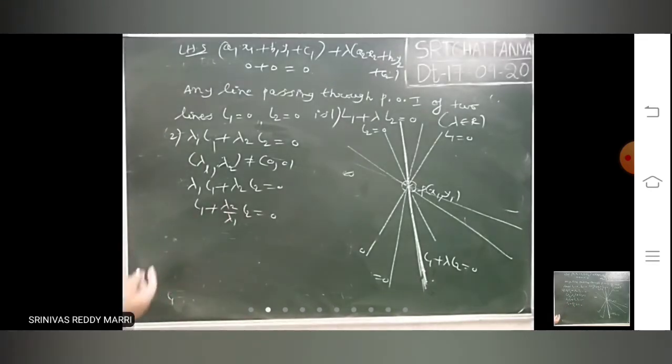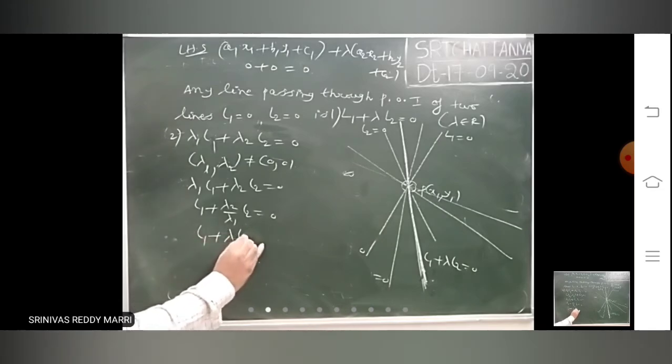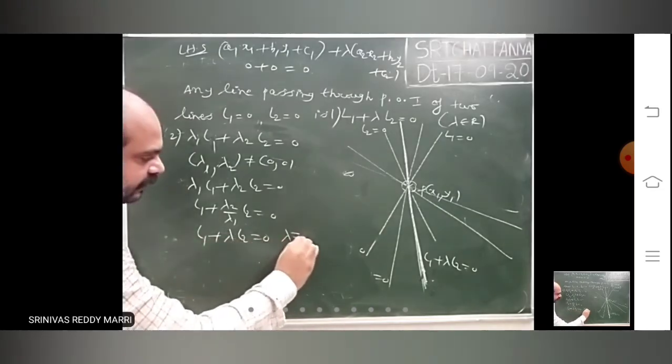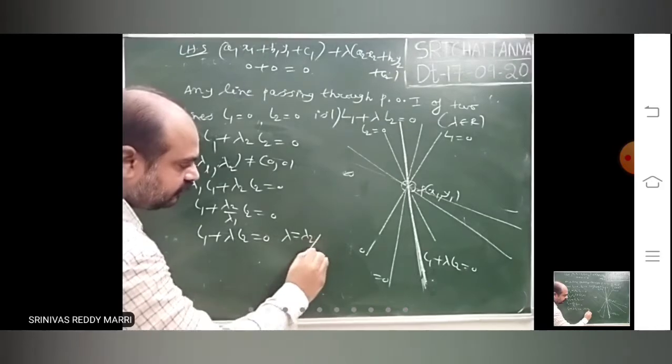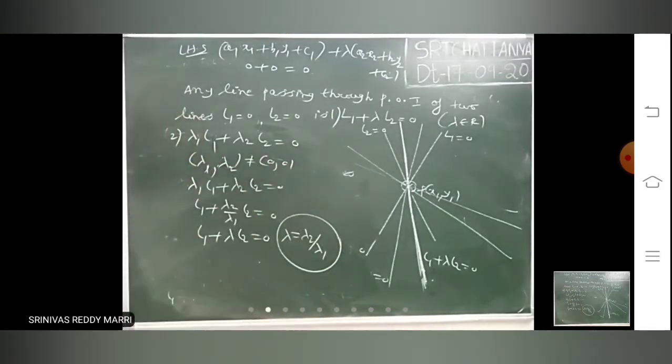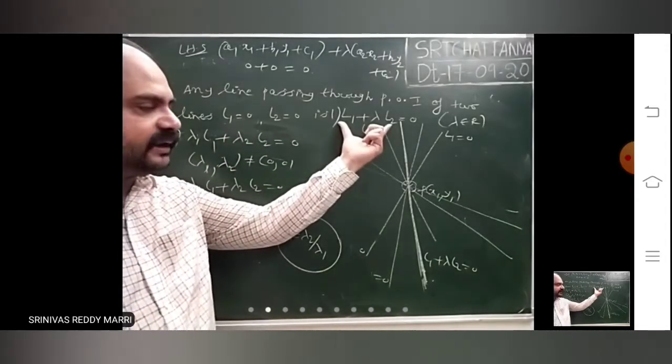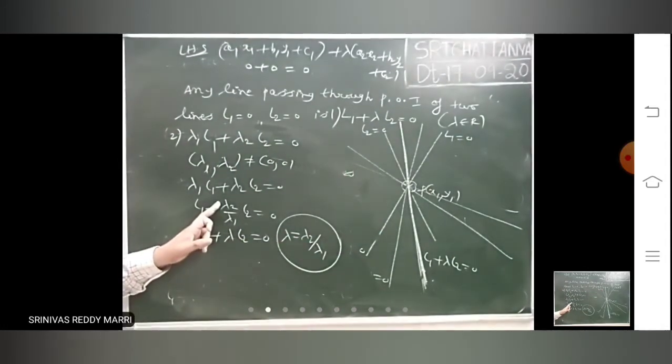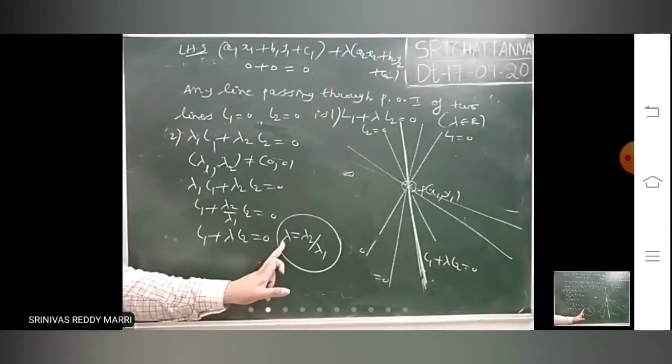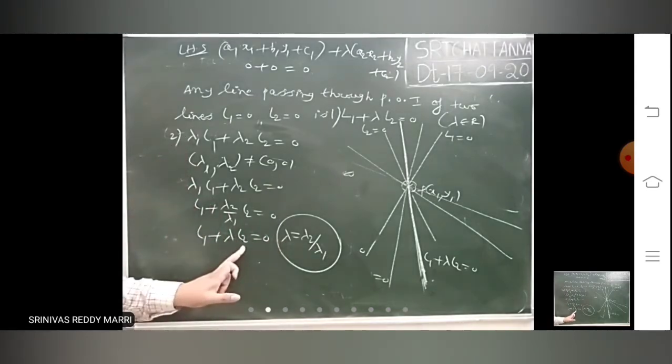Divide with lambda 1. I have divided with lambda 1. Now take this lambda, same form. Lambda is nothing but lambda 2 divided by lambda 1. This is the same as this one. You take lambda 2 by lambda 1 equal to lambda, then it is of the form L1 plus lambda L2 equal to 0.